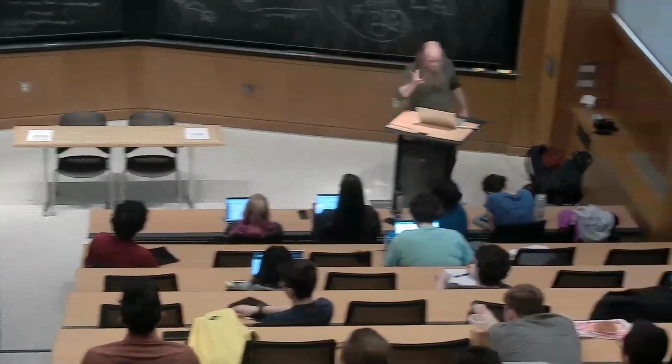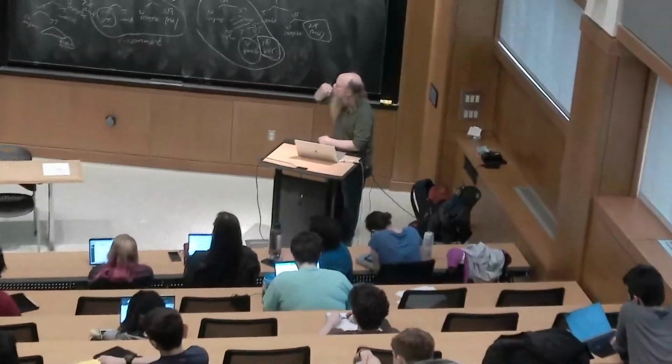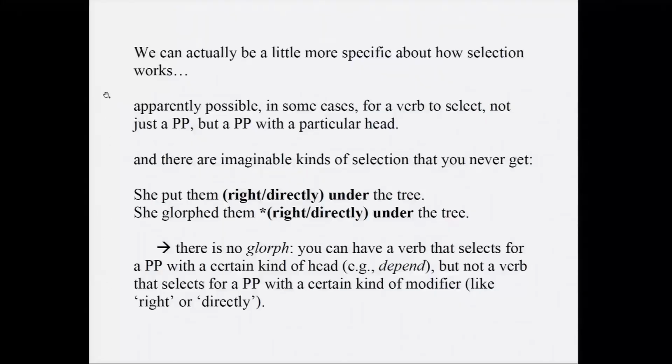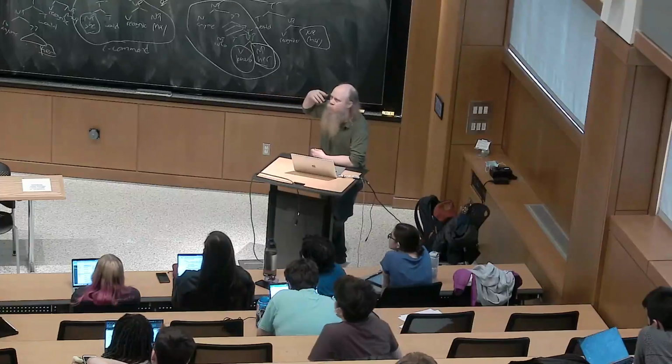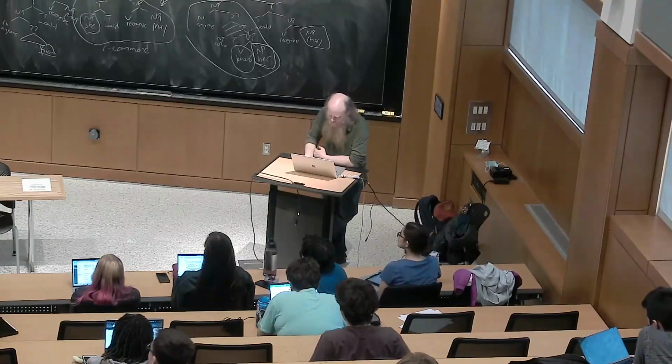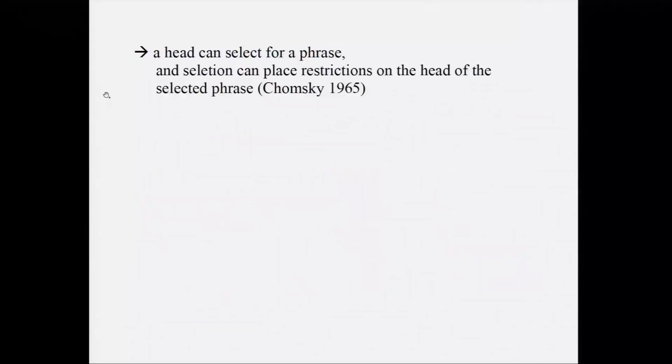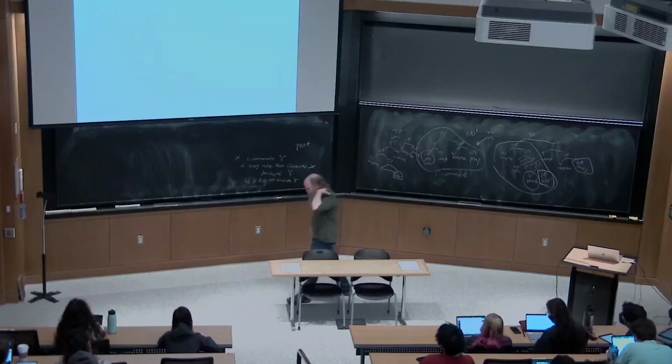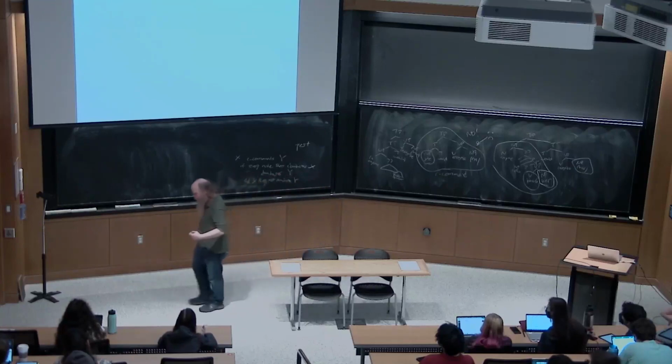Okay, but there are no verbs like glorf. There are no verbs that say, I want a prepositional phrase, I don't care what the preposition is, but I want it to be modified by right, or by directly, or even just I want it to be modified. There aren't verbs like that. So it looks as though heads, like verbs, get to select for phrases, and this is an old observation of Noam Chomsky's in a 65 book of his.